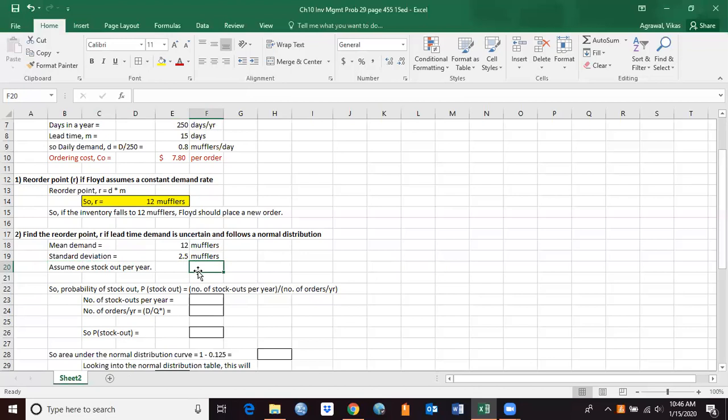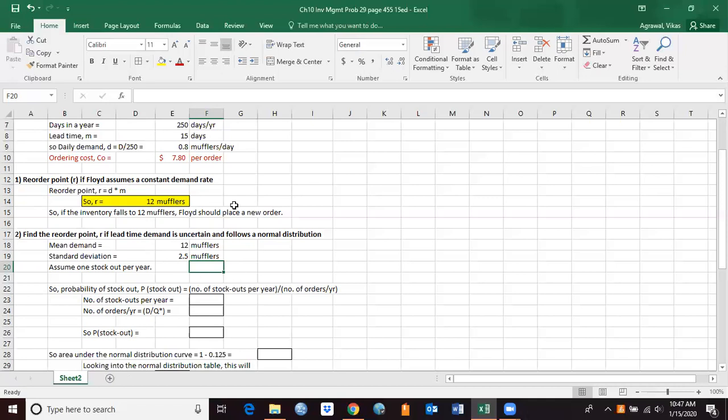Frankly speaking, that would be too unrealistic, because things are going to happen. If you do not want any stock out, you have to carry a very high level of inventory, and that may not be feasible. So you need to find a balance where you can minimize the inventory, but at the same time give a decent customer satisfaction level. So here management is willing to take one stock out per year as a risk.